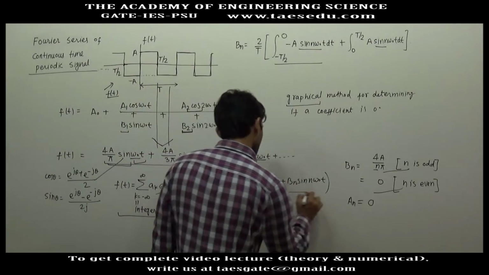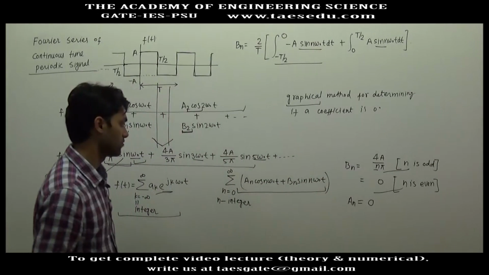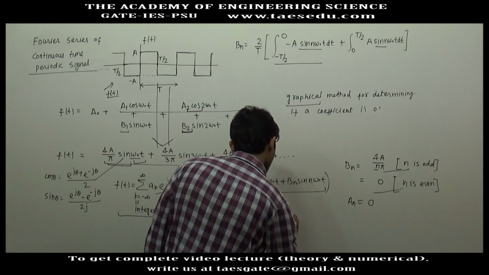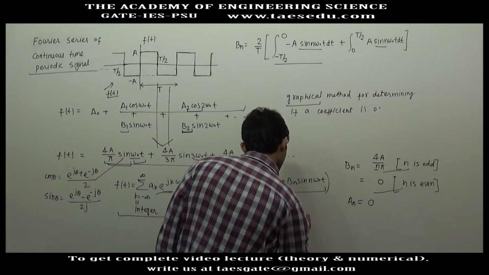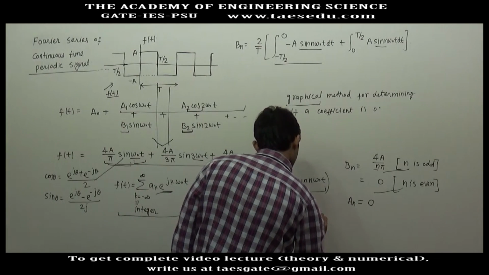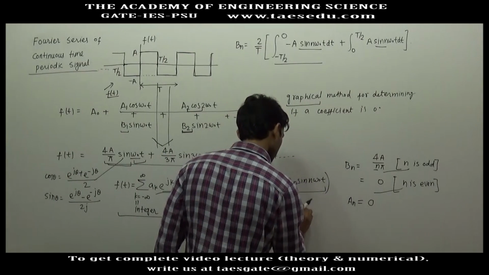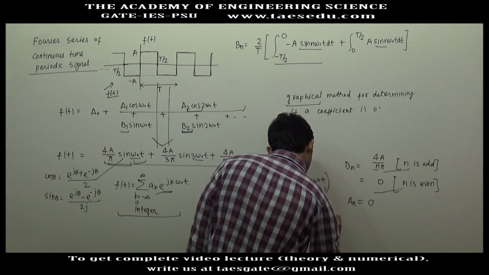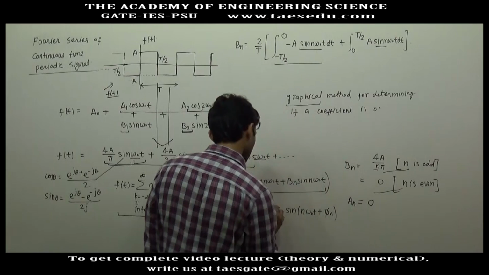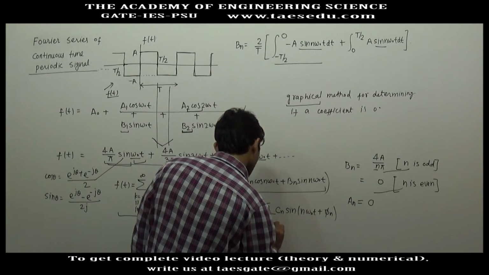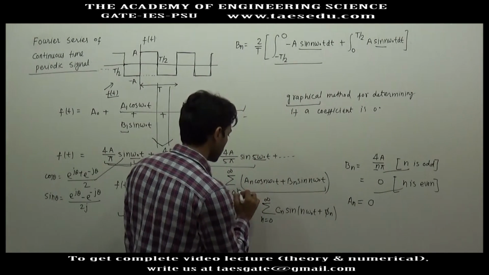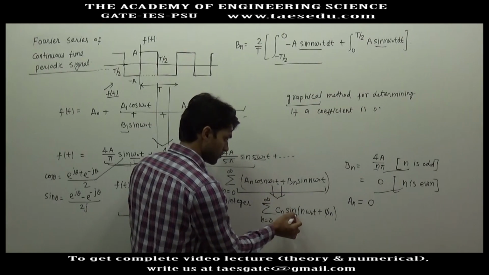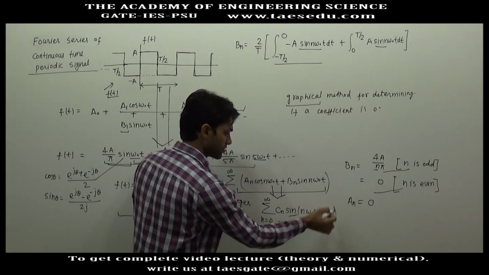This form can also be represented in one sinusoidal form only, as Cn sin of n omega naught t plus phi n, summation n equal to 0 to infinity. With some manipulation, this can be represented in one sinusoidal form only with a phase difference.